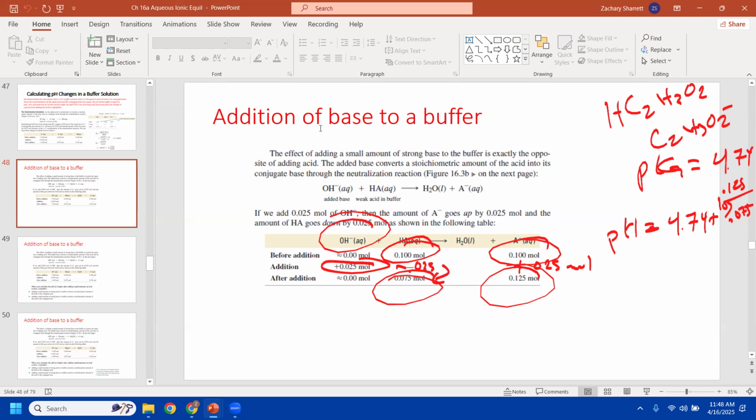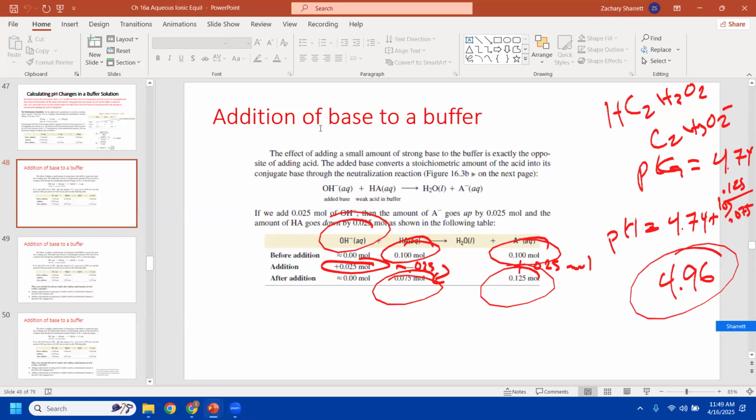The ratio remains the same. So in this case, it doesn't matter that we're using moles, because the ratio of the molarities should be the same since they're all in the same solution. So what does the pH change to? Log of 0.125 over 0.075.